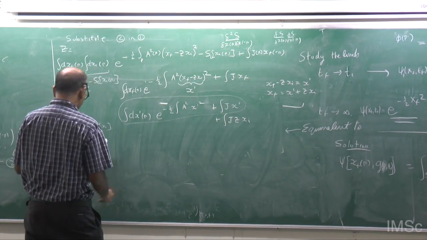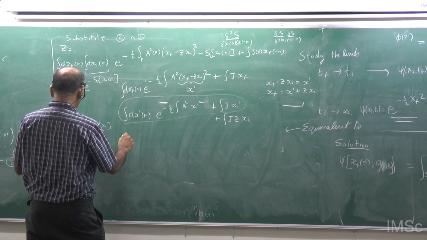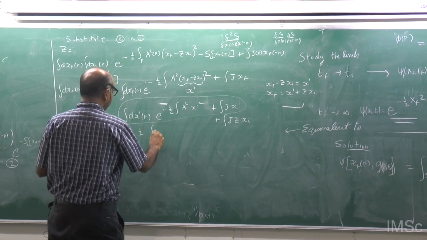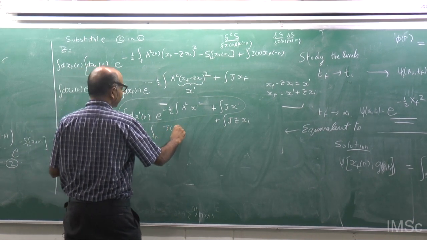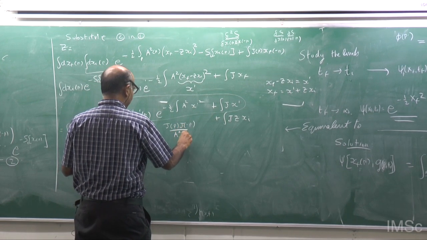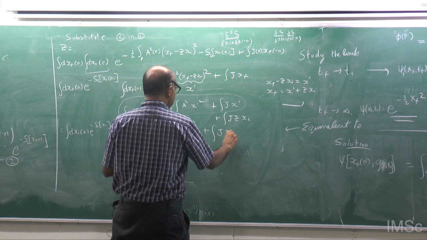So you get e to the power of half j of p, this is a standard field theory result, minus p by a squared p plus jzxi.